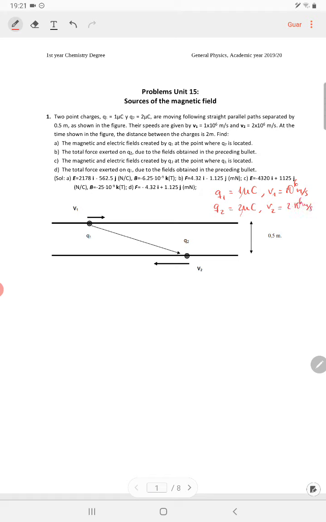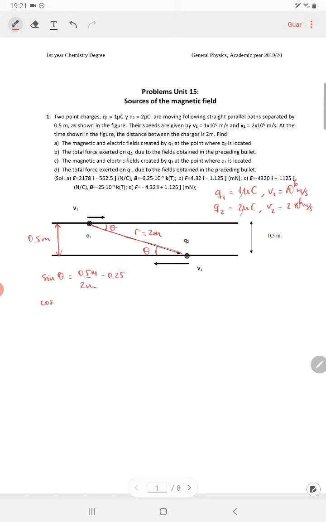At an instant, they are both at a distance, I call it r, equal to 2 meters, and this is 0.5 meters. We're going to call theta this angle, which is the same angle, and we can see from the drawing that the sin of theta is going to be equal to 0.5 divided by r, which is 2 meters, which is 0.25.